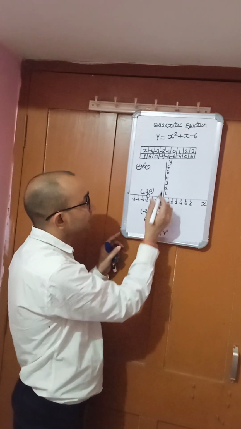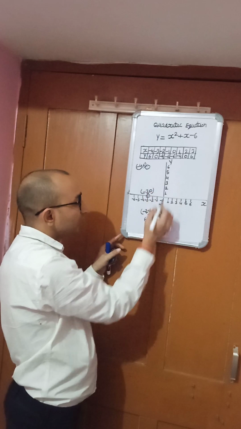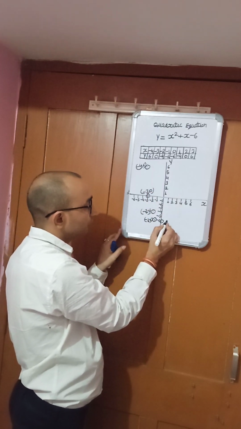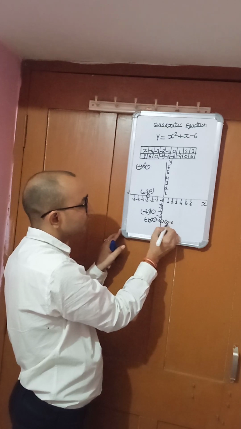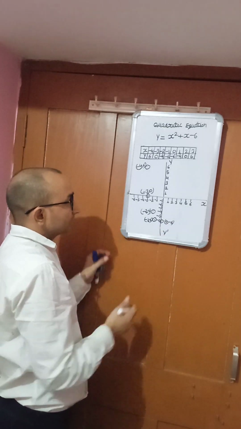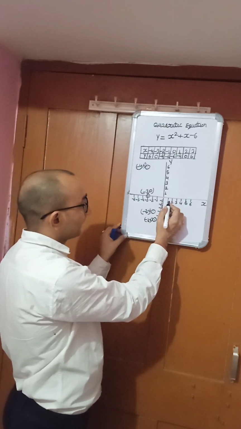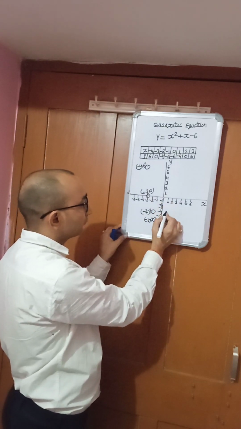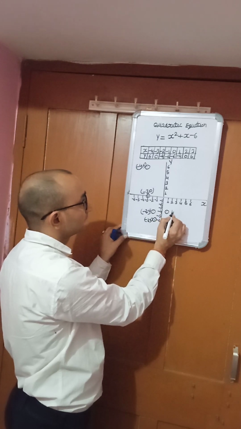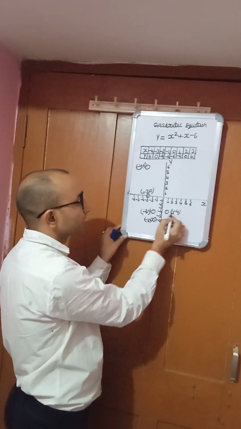X equals 0 and y equals minus 6, means this point is here. X equals 1, y equals minus 4.